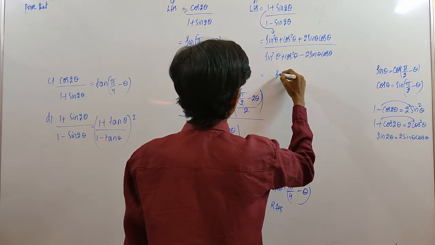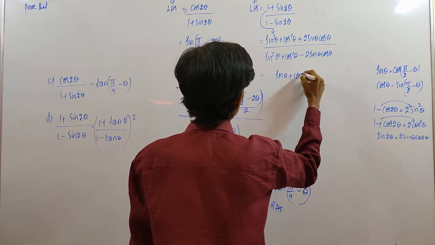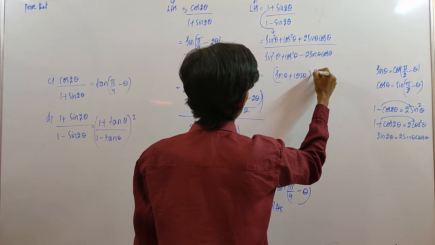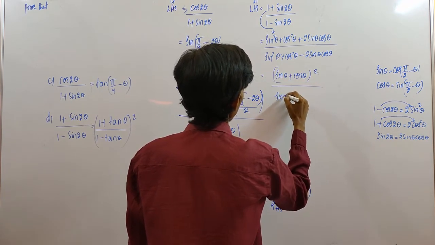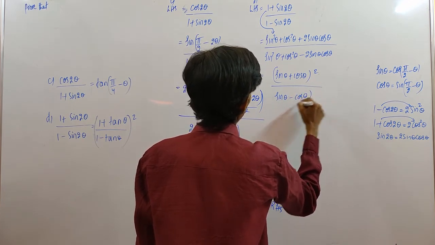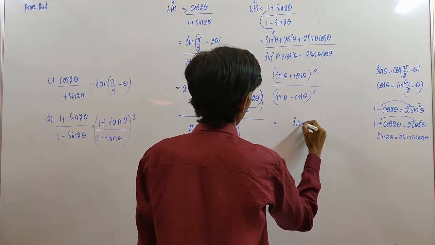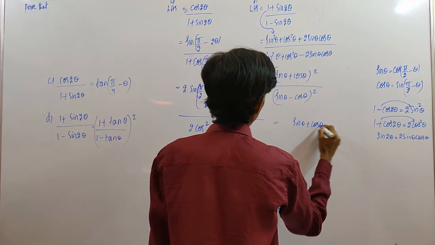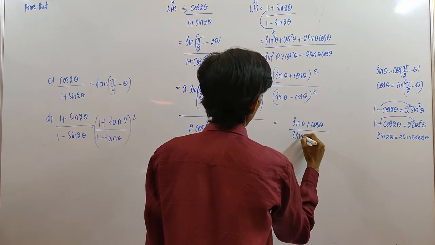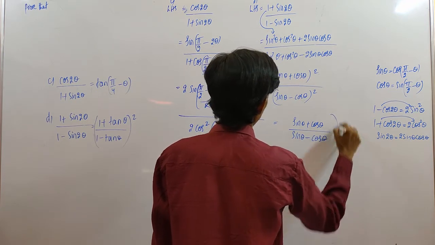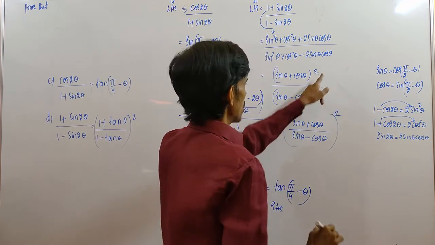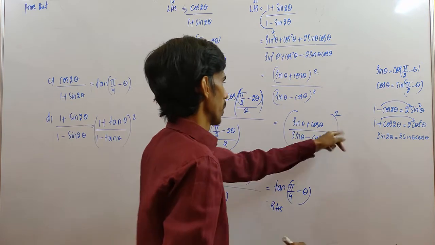This can be written as (sine theta plus cos theta) whole square divided by, similarly, (sine theta minus cos theta) whole square. This can be written as sine theta plus cos theta divided by sine theta minus cos theta whole square. These two square combined square.